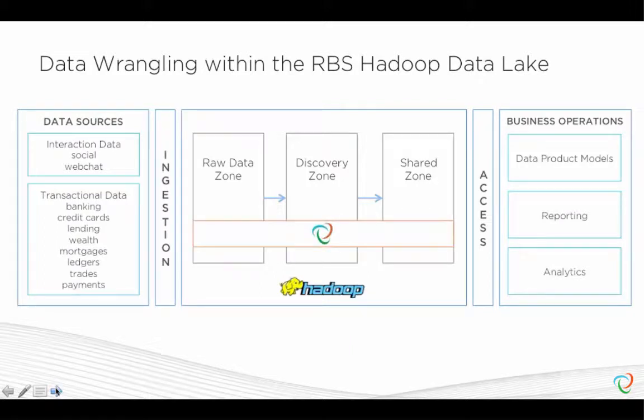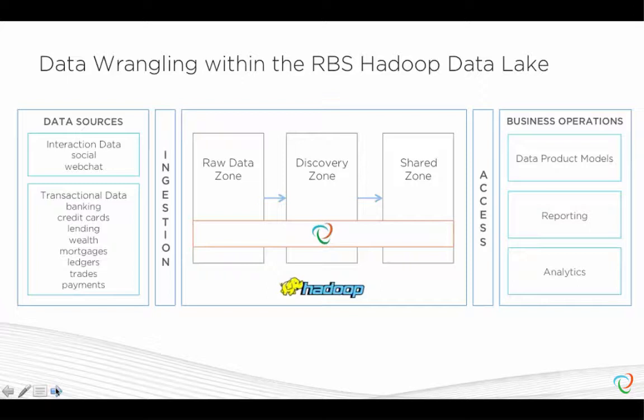So stepping back a moment, I wanted to give you a brief overview of how Trifecta was deployed at Royal Bank of Scotland. So what you see here is a logical architecture of their data lake. You can see all of the sources that they were bringing into their Hadoop data lake. These are traditional transactional data, banking, credit cards, mortgages, payments, as well as all the new social interaction data, including web chats.